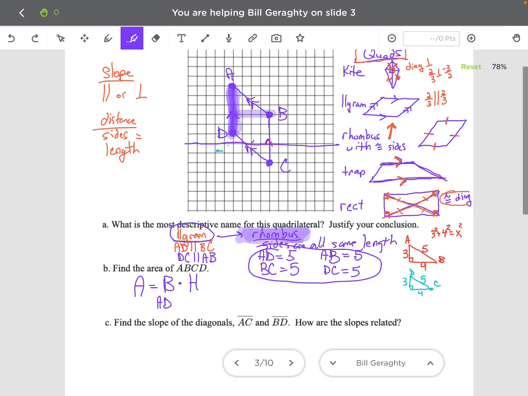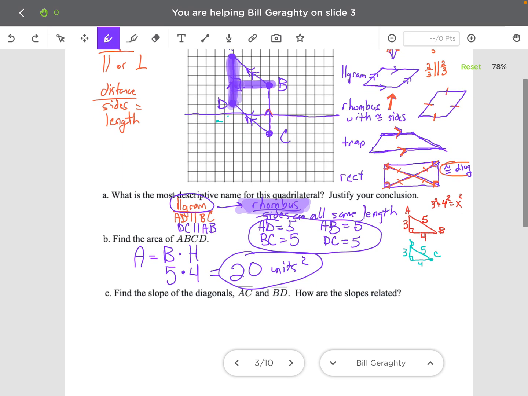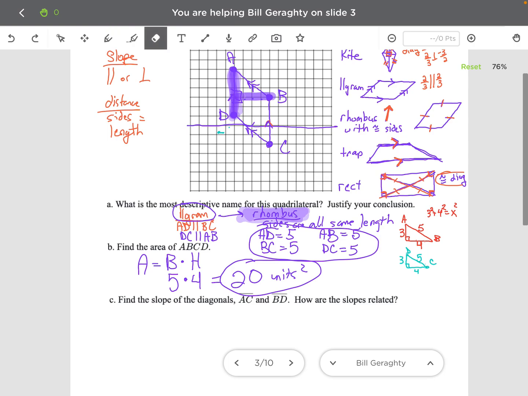And then the height is just the perpendicular height off of that. So we can see that AD has a length of 5. I already stated that. And the height is 1, 2, 3, 4 squares, making the area of this 20 units squared.